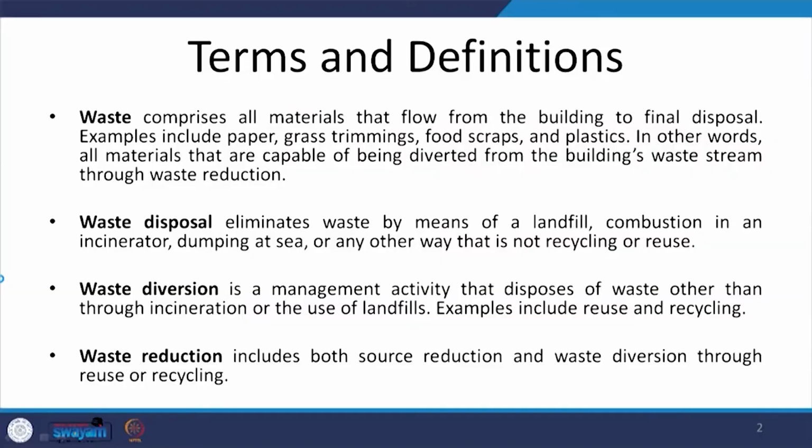So, the different terms are first waste, which is very commonly used. It comprises all the materials that flow from the building to the final disposal. Now, as I said, it could be at any stage, and hence the type of waste coming out of the building at different stages would vary.